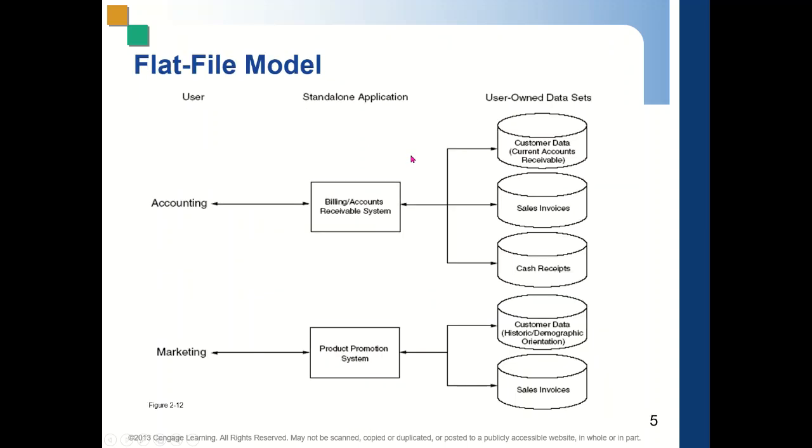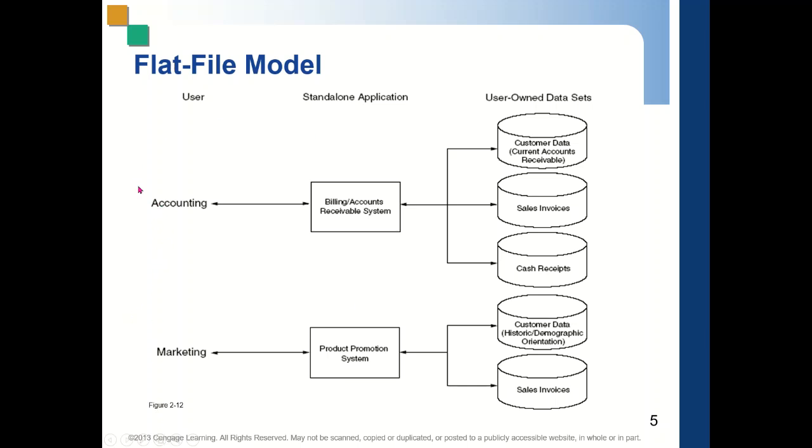Okay, now when talking about computer-based systems, sometimes people talk about things that are called models, and one example of a model is called a flat file model. In this case, essentially, your system is a collection of files, and each department will have its own files.